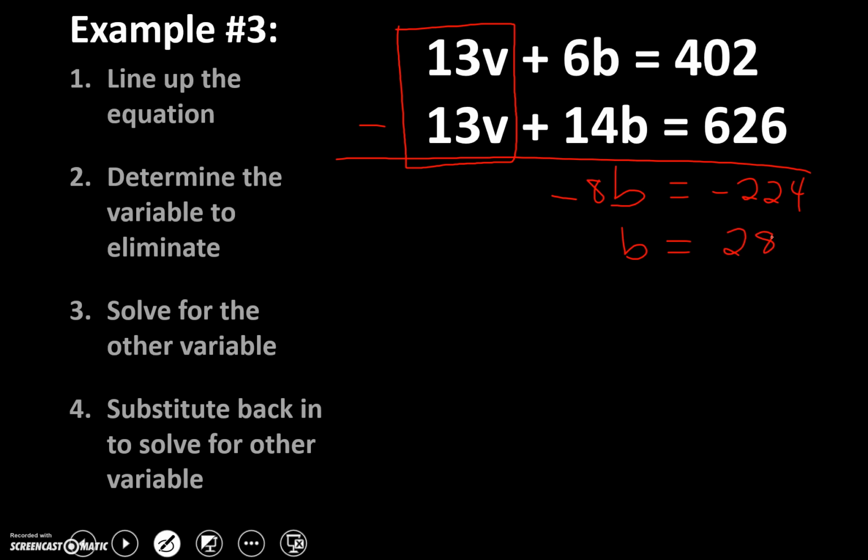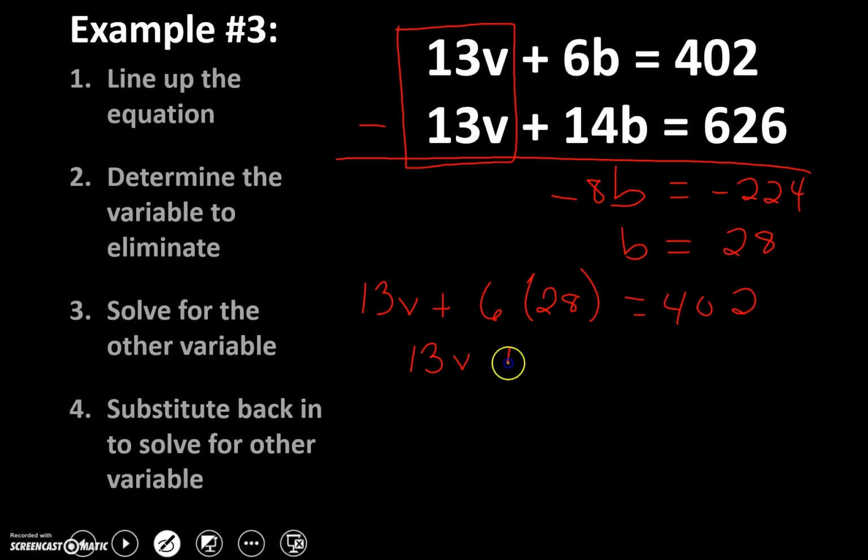Now, I need to find how many the vans hold, so I just found out how many buses hold. So what I need to do now is substitute that value back into B. Once again, it does not matter which one you put it back into as long as it's going in for B. So I have 13V plus 6, this is where I'm going to substitute in my B. I did it into the first equation, is equal to 402. So as before, we're going to take the numbers and multiply them. So 6 times 28 is 168.